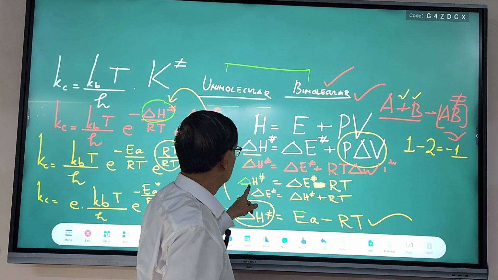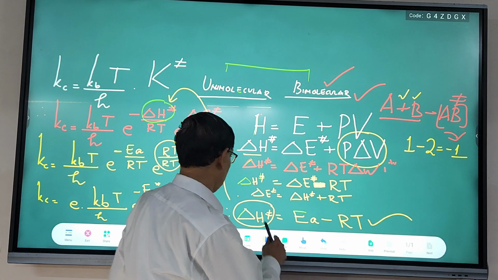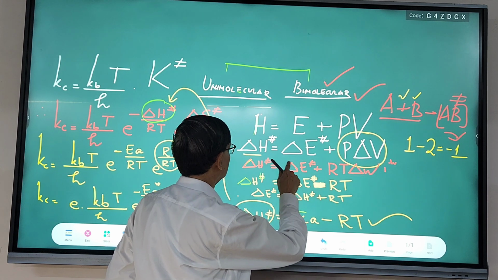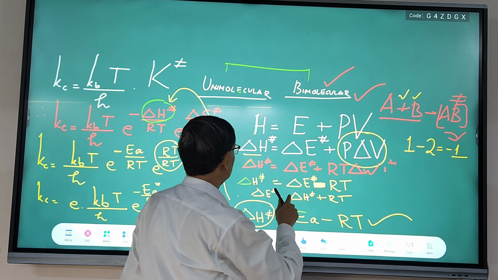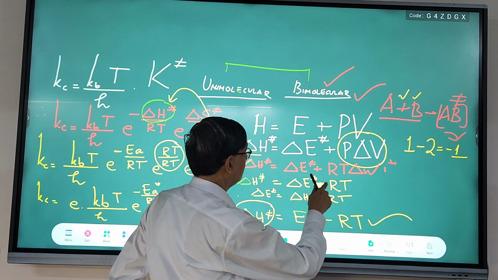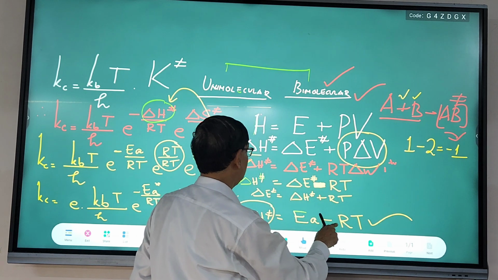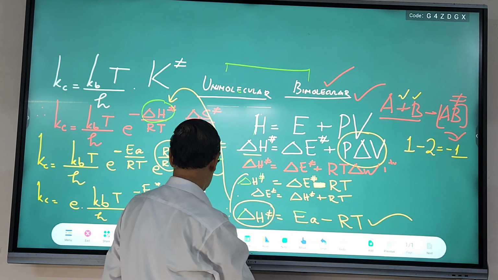So delta H is equal to delta E minus RT. What is our first equation, delta E value? It is equal to E plus RT. Just a minute.